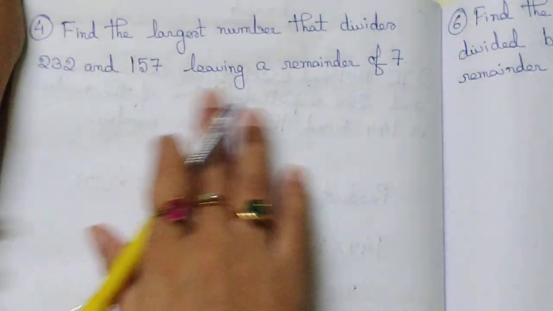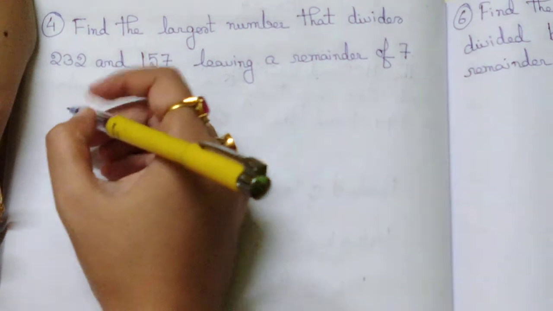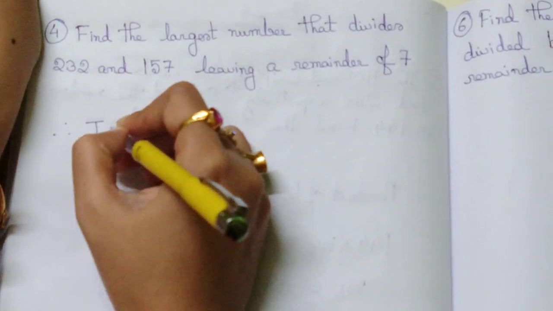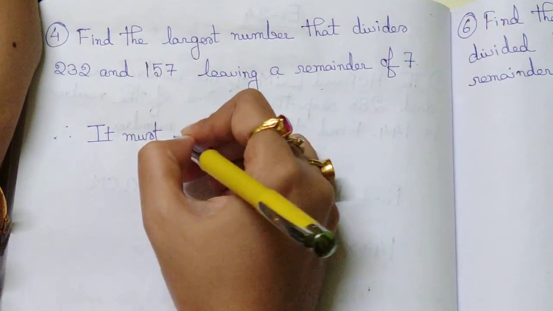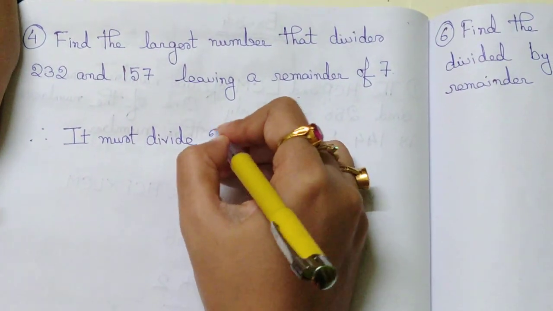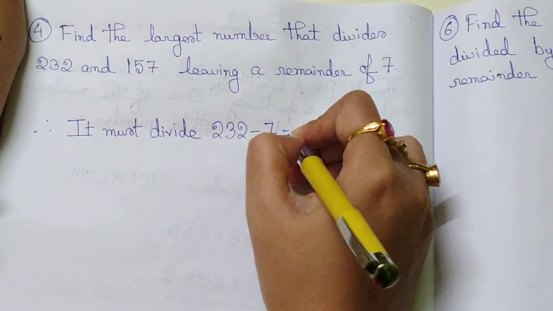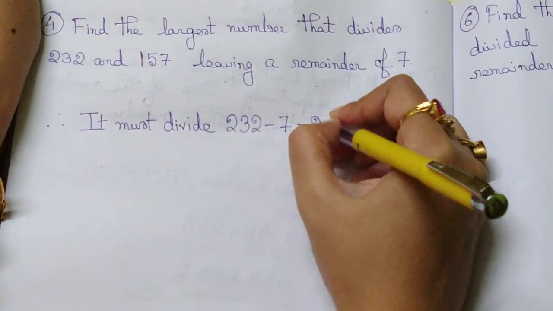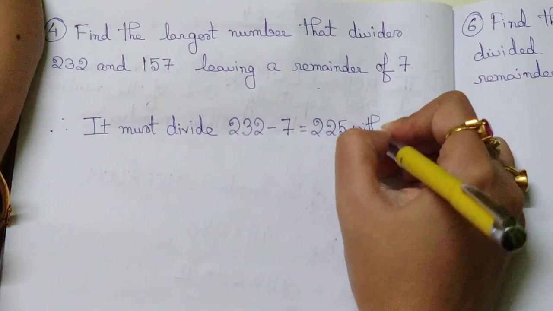So, since it is leaving a remainder of 7, the statement will be, therefore, it must divide 232 minus 7, that is 225, without a remainder.